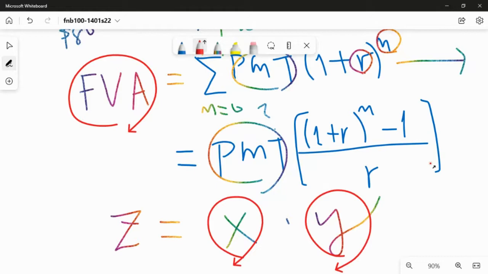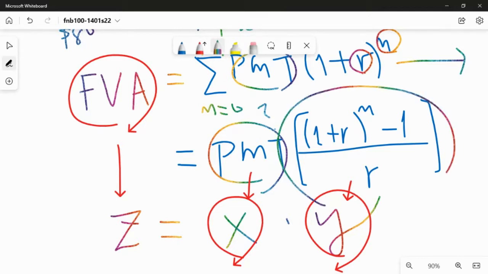This is future value of annuity. That's Z. Payment is X. And the thing in the bracket, that's Y.